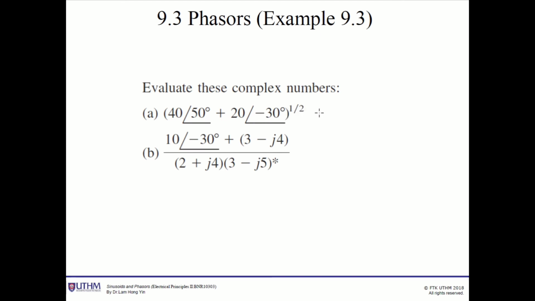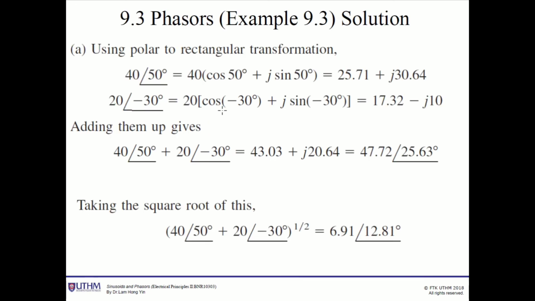So basically you can use a calculator to do the addition operation, or you can also do it manually. I suggest that you just use a calculator because it is much faster. And for the square root, you cannot use the calculator, I think it will give you a math error from your scientific calculator.